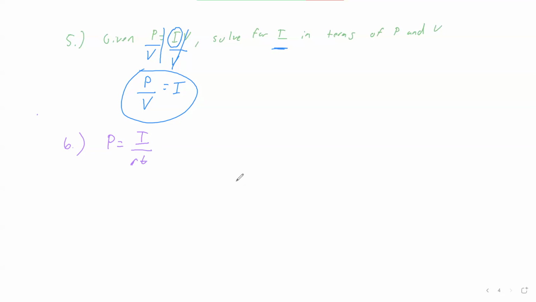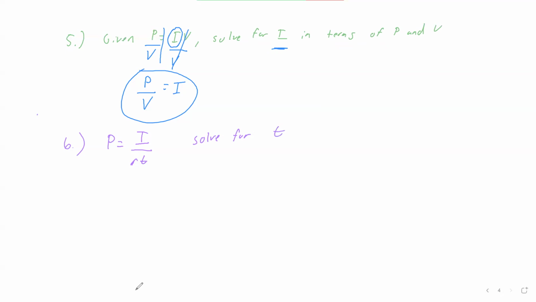But you don't have to know what it represents. You just have to be able to solve for it. Your science courses will teach you, oh, this teaches us gravity or whatever. All right, so you're given this formula and you're asked to solve for T.